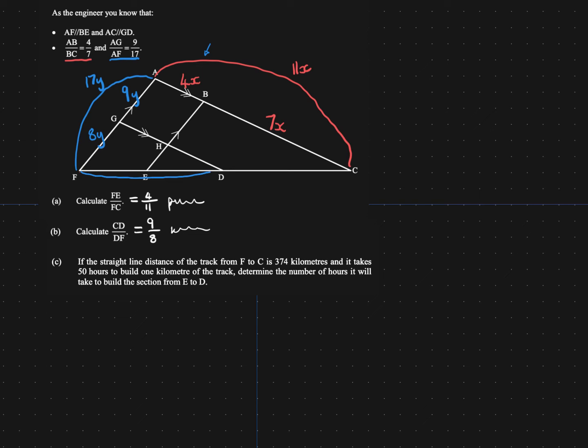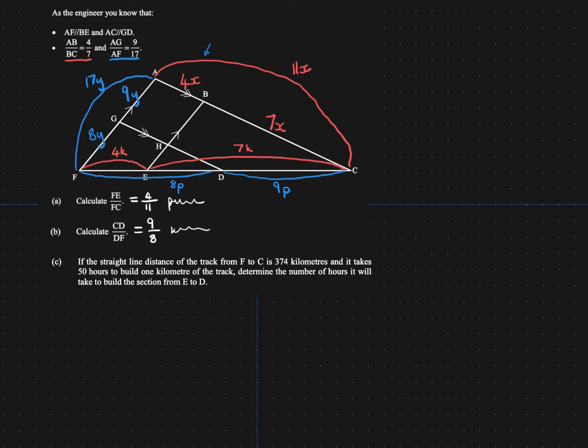We know that this one is going to be 8 is to 9, and this other one is going to be 7 is to 4. But it's not the same units as what's above, so I'm going to allocate new units to it. I'm going to call this 4k and 7k, and at the bottom, let's call it 8p and 9p.